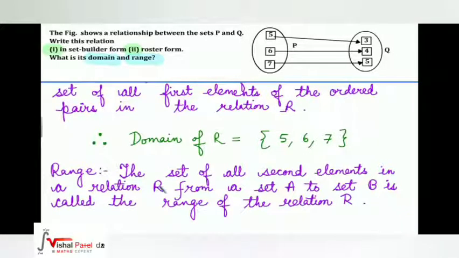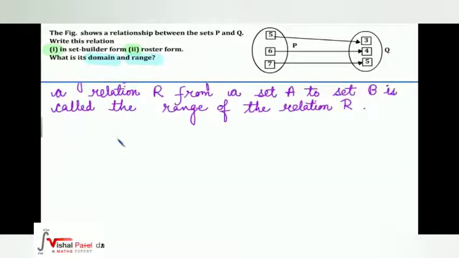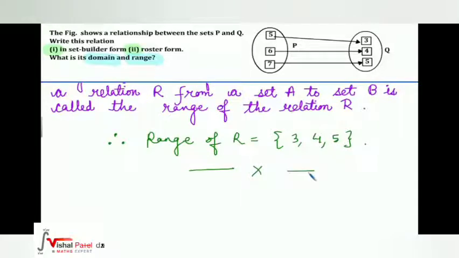And range, the set of all second elements in a relation R from a set A to set B, is called the range of the relation R. So range of relation is equal to {3, 4, 5}, right? So this is your final answer.